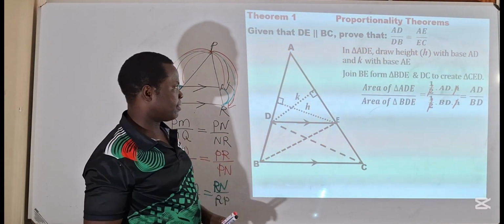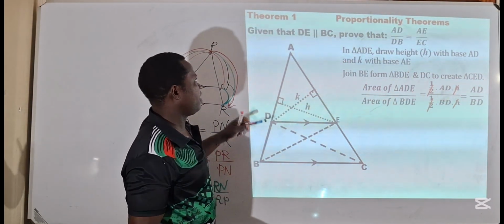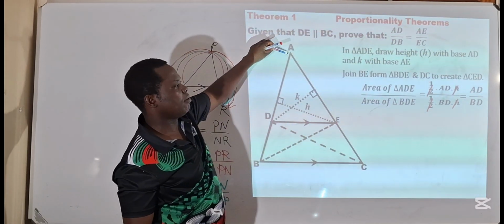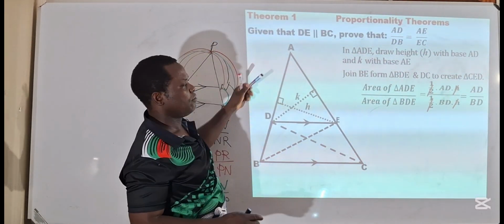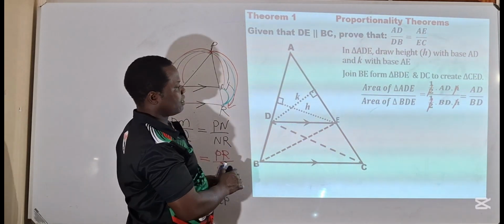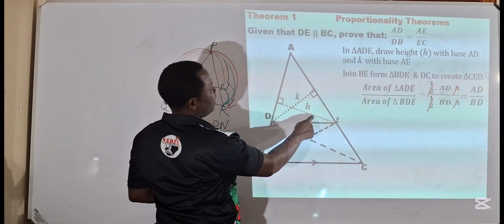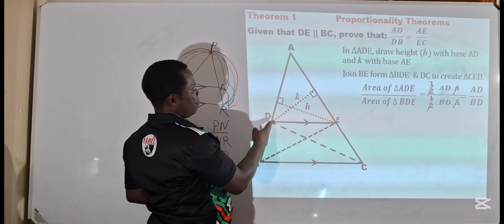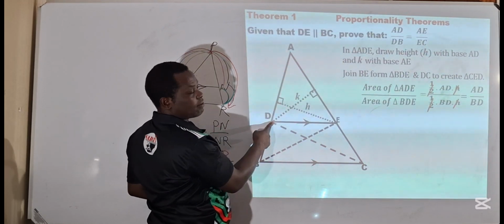The second one, you divide the area of the same triangle, but this time around you must use a different height. So in our previous calculation we were using H as the height. In the next one we are going to use K as the height of the triangle.